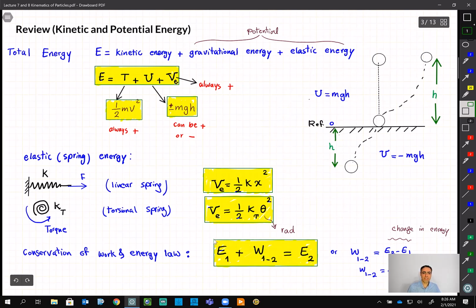And the law of conservation of work and energy says that whatever energy you have at point 1, plus the work done by some external load from 1 to 2, gives the energy at point 2. If there is no work, or no external load, then E1 is equal to E2.